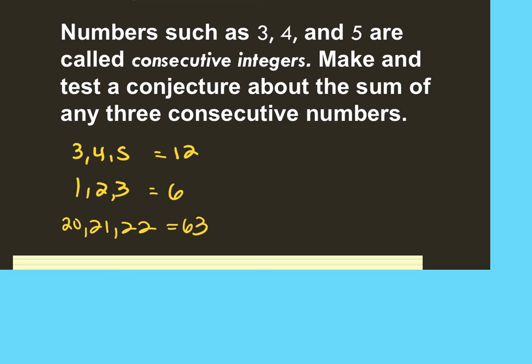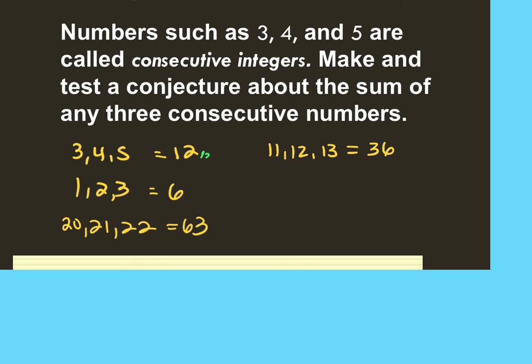Let's pick another set. 11, 12, 13. What happens when you add those up? 36. You could divide all these by 3 though. And what happens if you divide them all by 3? You get an answer. What's that answer?